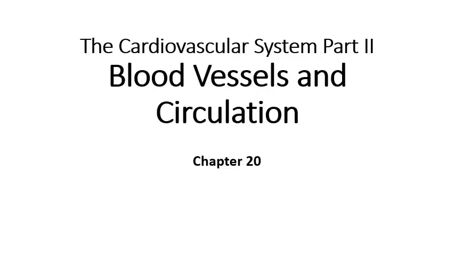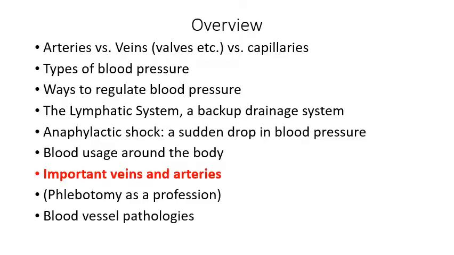All right, so just moving on to the blood vessels and the circulation of blood vessels. As an overview, I'm going to tell you the physical differences between arteries and veins. Some of the things like, for example, the fact that veins have valves to prevent blood from flowing in the wrong direction because the blood pressure tends to be quite low in the veins, whereas arteries do not have valves because there's not much danger of blood flowing in the wrong direction through an artery because it's traveling at fairly high pressure.